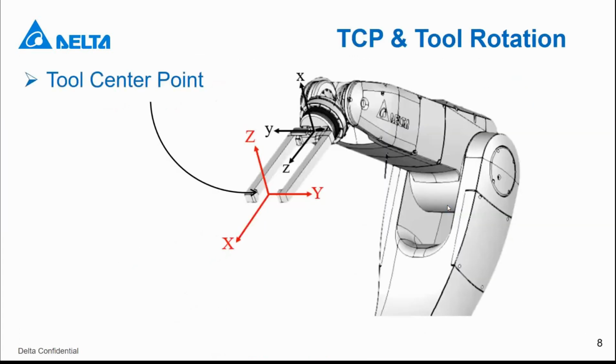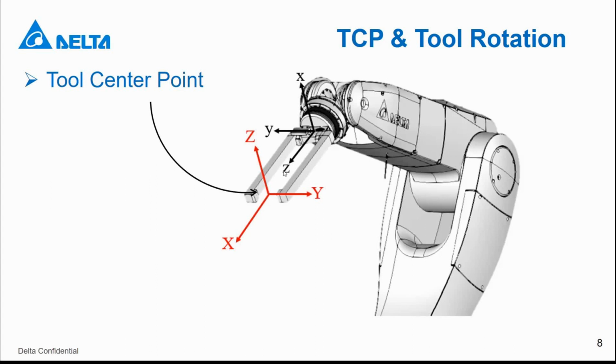And then first is the tool frame. For the tool frame, we have two parts we need to teach. One is TCP, one is tool rotation. So what's a TCP? TCP means tool center point. This means it's the point we will work on the workpiece.